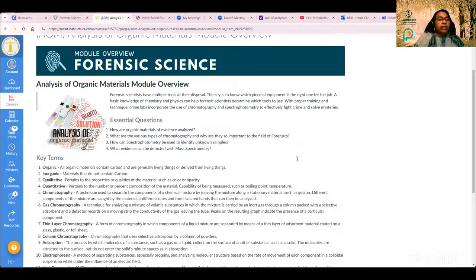So again, take a look at the essential questions. We're going to look at what we mean by organic materials, and what the types of tools are that forensics uses in looking at organic materials for forensic purposes.